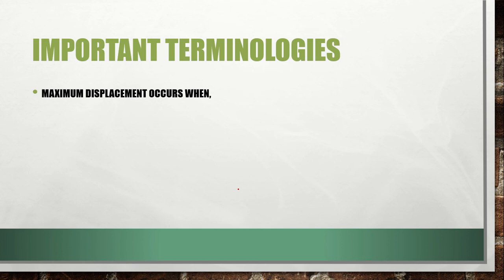Now, if I'm dealing with maximum displacement, I need to put myself in the shoes of displacement. So when does maximum displacement occur? Maximum displacement occurs whereby the velocity is highest. I believe it makes sense.